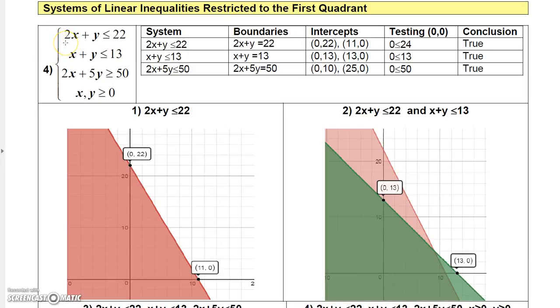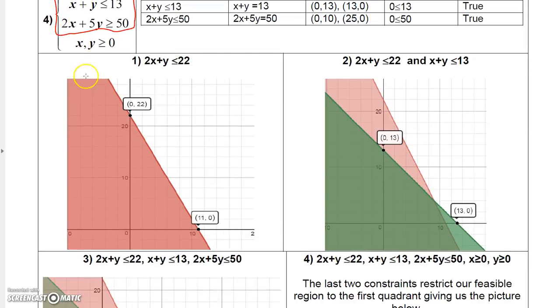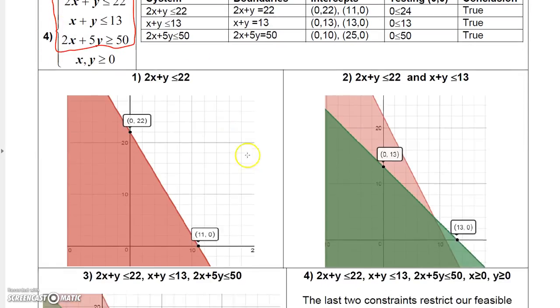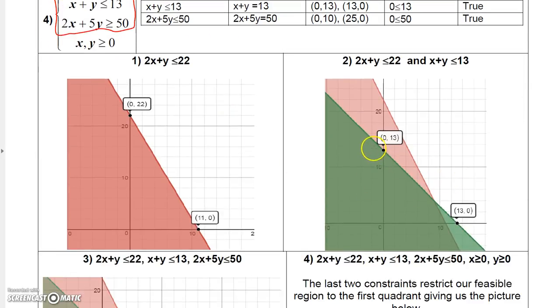I just want to show you that you graph this portion just like we did before with the other examples. You find where the intercepts are, you draw the boundary, then you shade, and then you do the next one. This one goes through (0, 13) and (13, 0), and then you shade below.